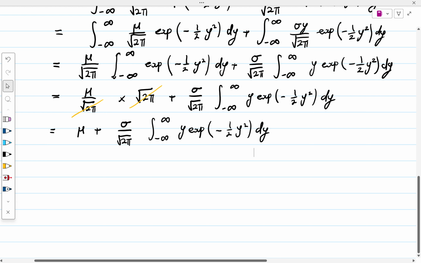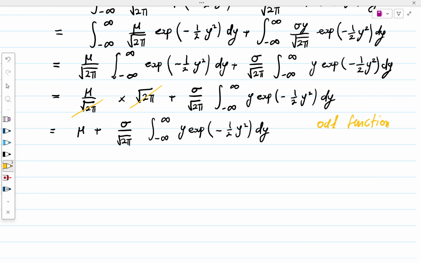By definition, just as an aside, an odd function is if you have a function and you take f of negative x, that is the same as taking negative f of x. That is what we mean by an odd function. And I'll prove it to you that this function here is an odd function.